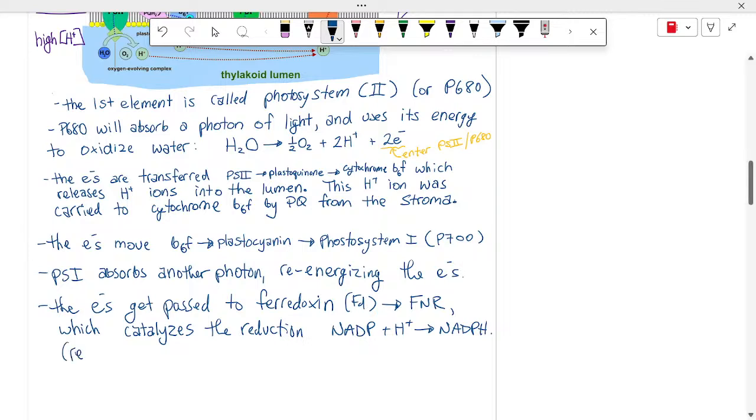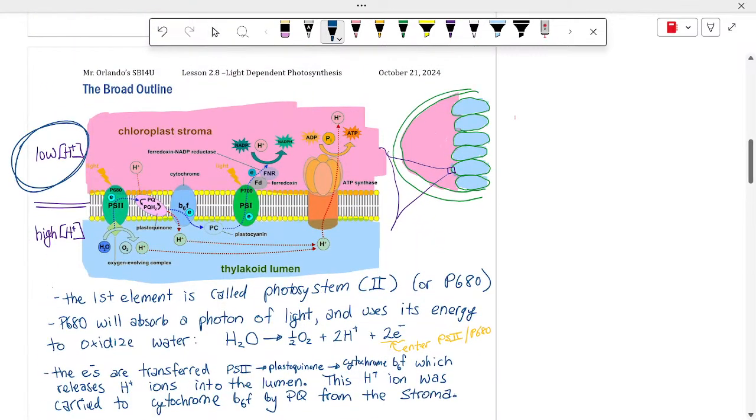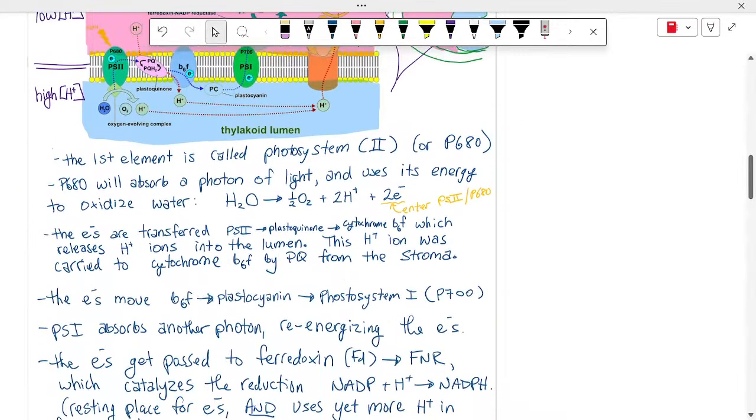So this is the resting place for the electrons, and it uses yet more H plus in the stroma. So that further lowers the concentration of H plus in the stroma, which means it's going to heighten even more the difference in concentration between them.